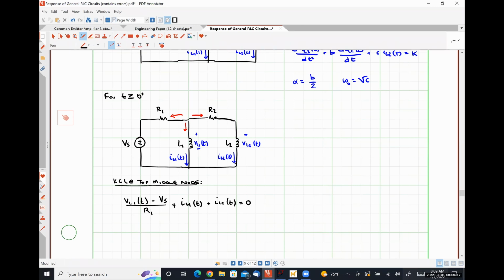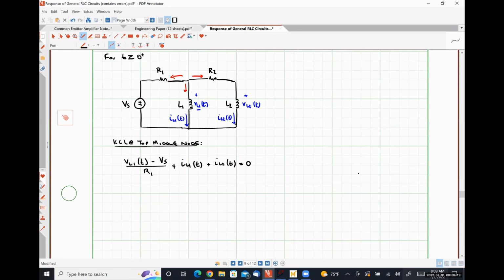Set this equal to 0. I'm going to move my constant term to the right-hand side, and I'm going to express the voltage drop across inductor L1 in terms of the current flowing through inductor L1.